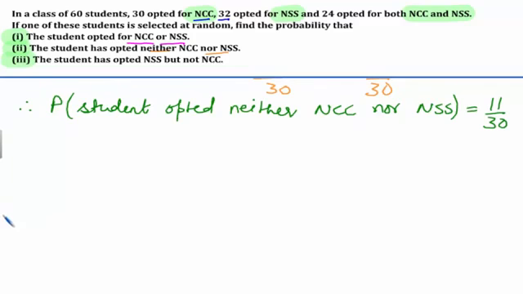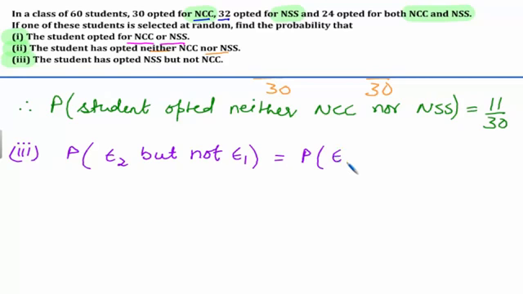Now let us proceed on to the third part. In the third part, we have to find the probability that the student has opted NSS but not NCC. So we have to find the probability of E2 but not E1. That is, probability of E2 but not E1 is given by probability of E2 minus E1.